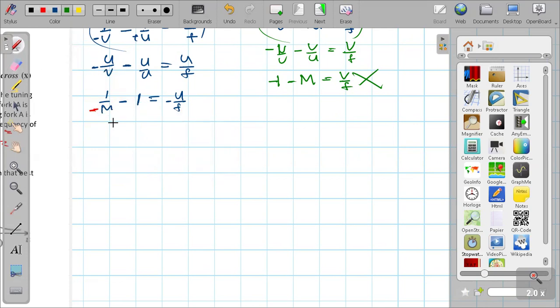I want to get a plus thing, so I have to multiply this again by a minus sign. So this becomes 1 over M equals U over F minus 1. So still I don't see a way to plot a graph.